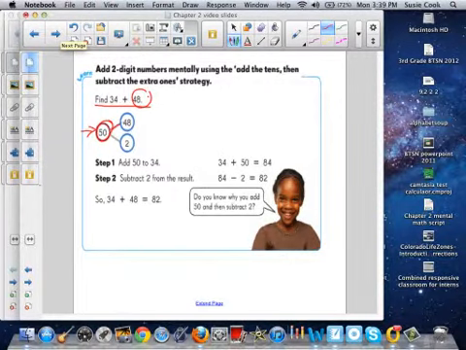And we know that 48 plus 2 makes 50. So we add 50 to 34. 34 plus 50 is 84. Then we subtract 2 from the result. 84 take away 2 is 82. So 34 plus 48 is 82.